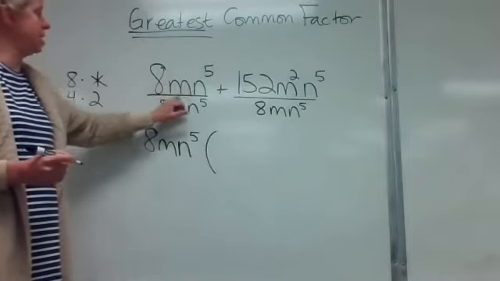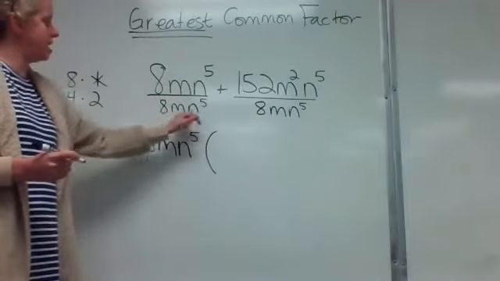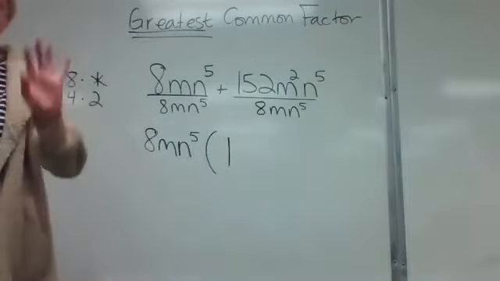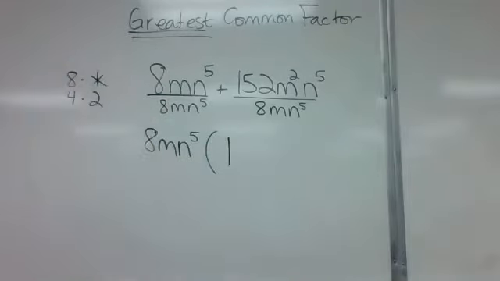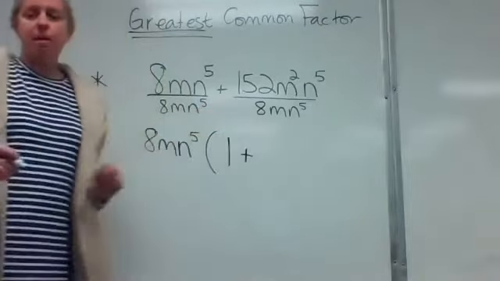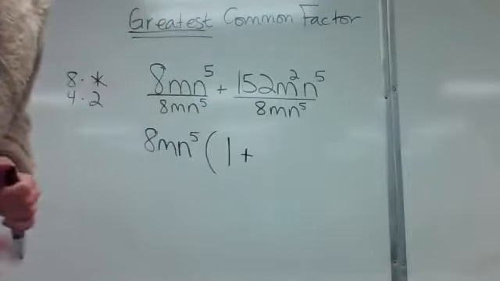If I'm dividing 8mn to the 5th by 8mn to the 5th, you are left with 1, right? If you divide something by itself, it's equal to 1. Plus 152 divided by 8. I just did that in my calculator. It told me 19.